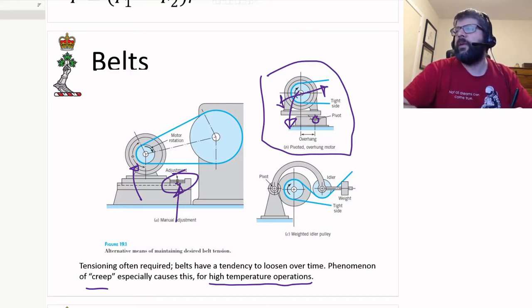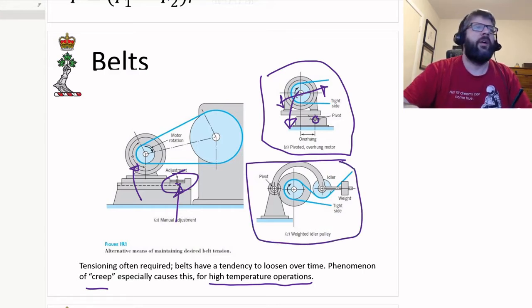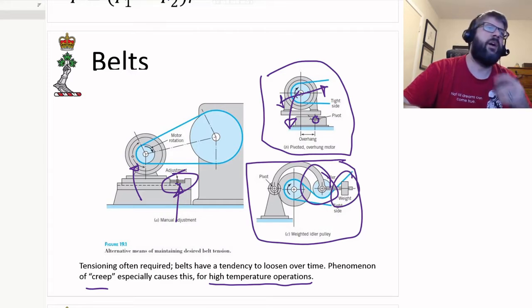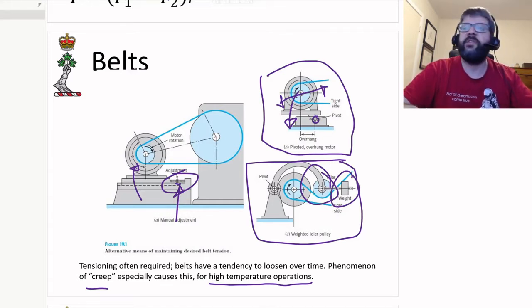We can also have a weighted idler pulley, where we've got another sheave here that isn't really doing anything other than adjusting the tension. We can adjust that tension by changing the weight, not just the amount of the weight, but also the position of the weight.